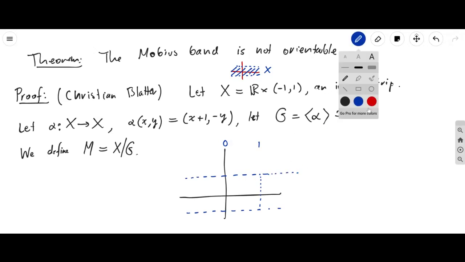It's equivalent to what you had before. So let's say you have a point right over there in the band. Well, that point will be equivalent. You can shift it over by 1, but then you would negate it. So you would be down here.